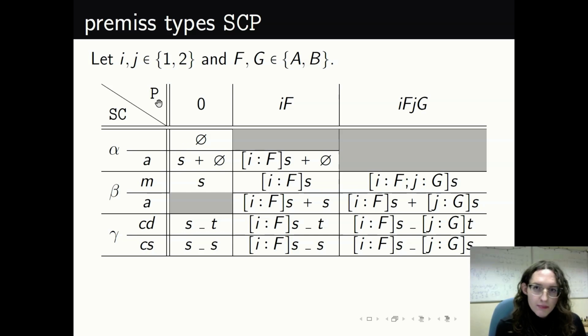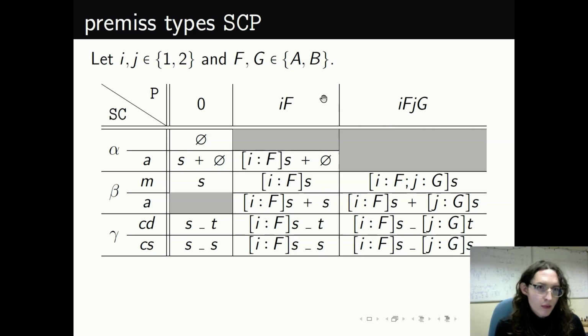P, which is the position, as a part of the premise type, SCP, shape, position, contextualization, refers to the position of the active formulae. So this tells us we have 0 active formulae in our premise sequent, we have one active formula, f, in position i, or we've got two active formulae, f and g, in positions i and j, respectively.